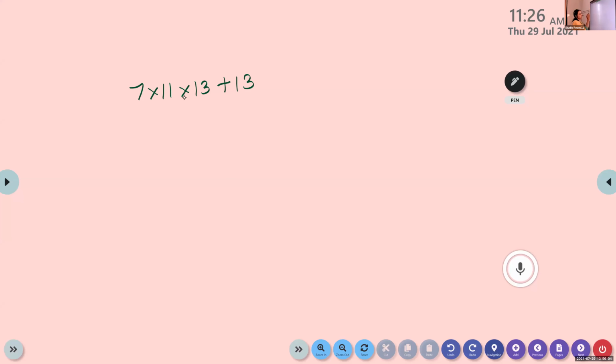Now from these 2 terms, which one can you take as common? 13. 13 into, if you take it outside, 7 into 11 plus 1. So we can write this as 13 into 78.